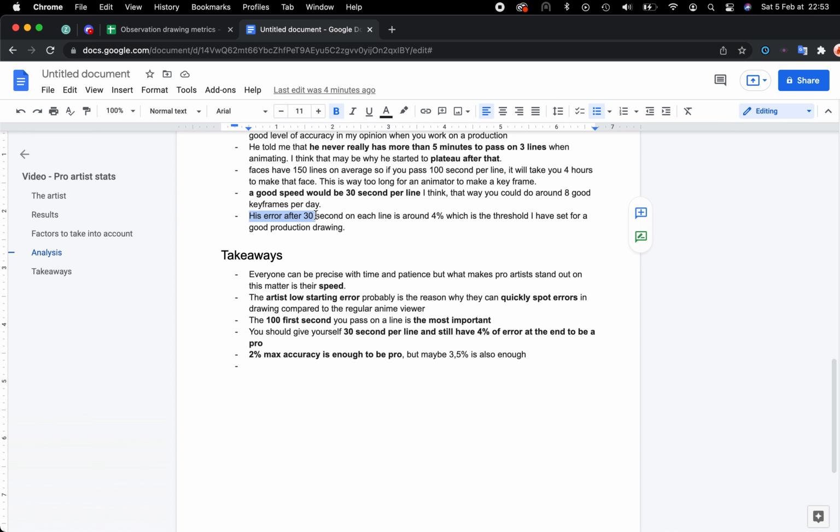And here, his error after 30 seconds on each line was around 4%, which is the threshold I have set for good production drawing in my video, where I look at how much error is good enough to be a pro, how much the industry doesn't want to work with you, and when the viewer actually sees that you are bad at drawing.